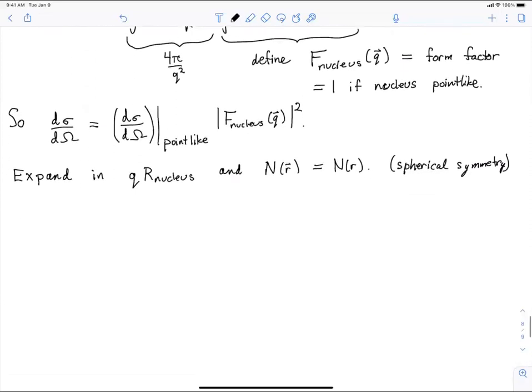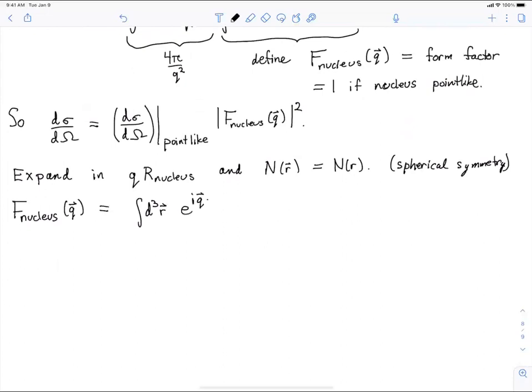But now we can just work out what this form factor is going to be with those assumptions. F of the nucleus as a function of q is supposed to be this: integral over all r, e to the i q dot r times n of r. Okay, and our strategy is just to expand that exponential.